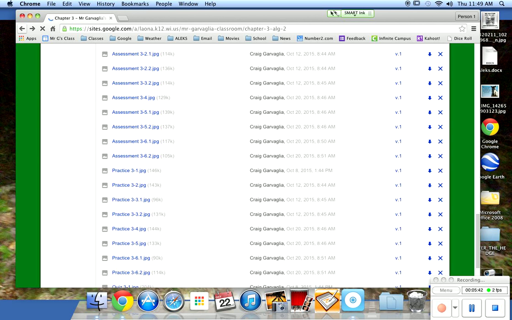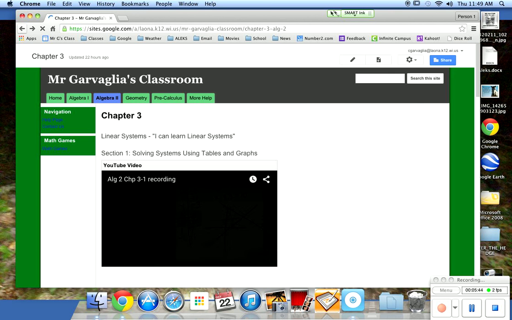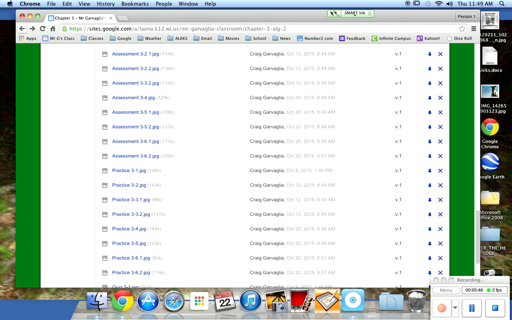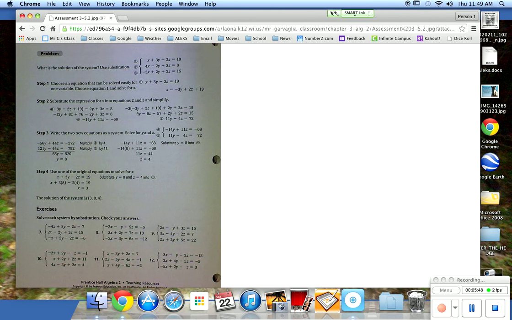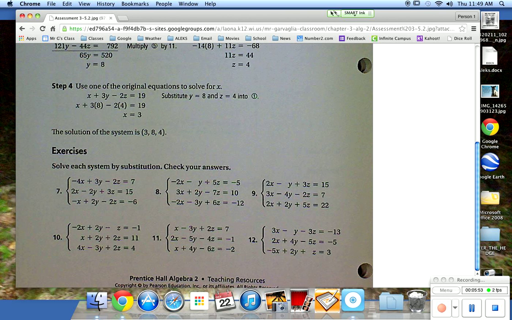And then on the second page, this is by substitution. Don't worry about substitution with 3. I just want you to do elimination, like I showed you. 1, 2, and 3. Or simplify them best you can. Get it down to one variable.